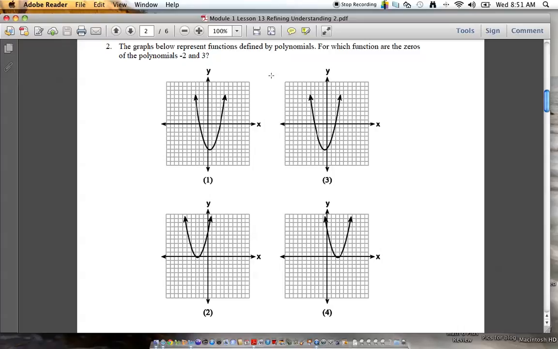Do number 3 also. Another 20 seconds or so.